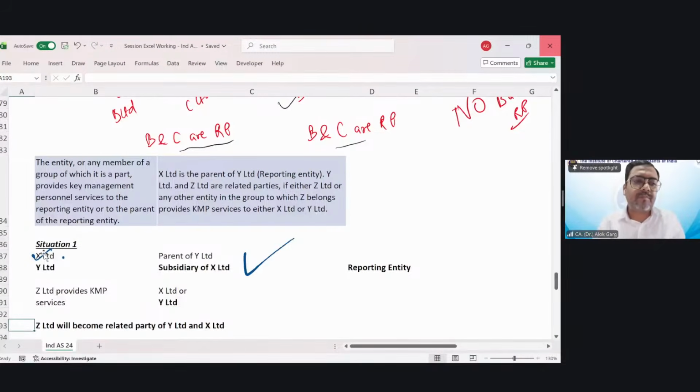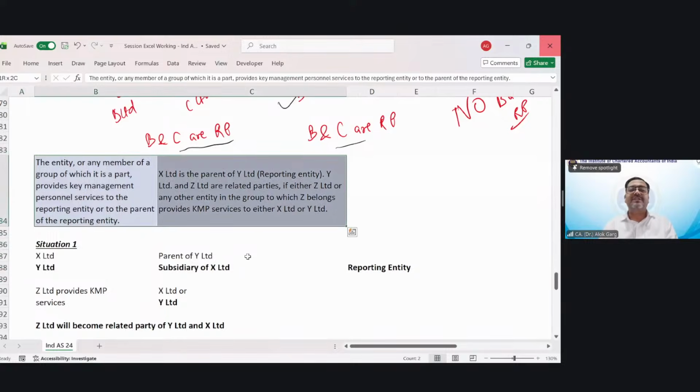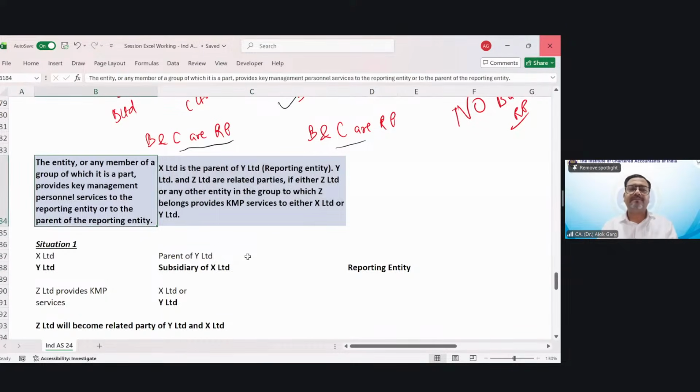So friends, this is a little complex kind of relationship, but let me make you understand with the help of this example which kind of relationship it is talking about. The entity or any member of a group of which it is a part provides KMP services to the reporting entity or to the parent of the reporting entity.